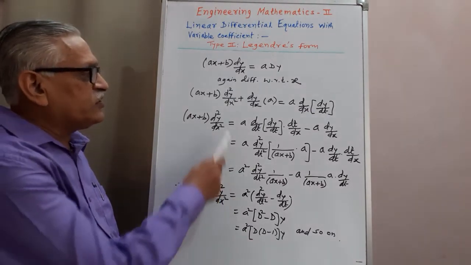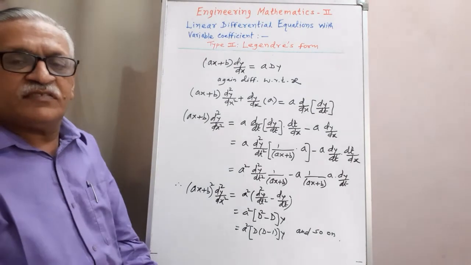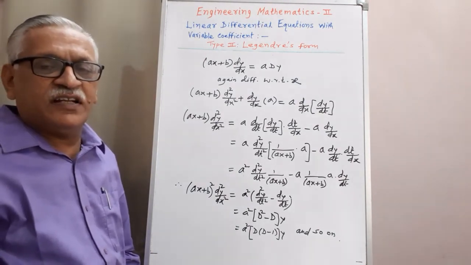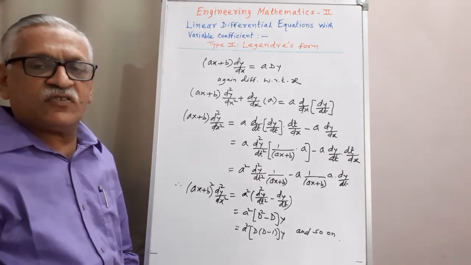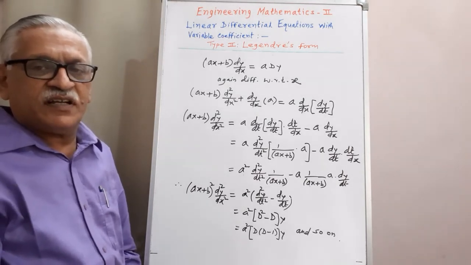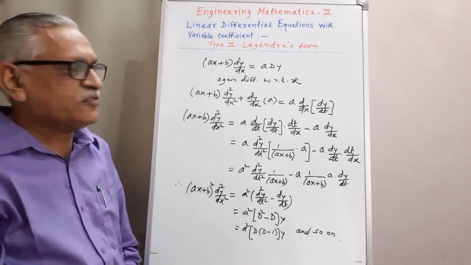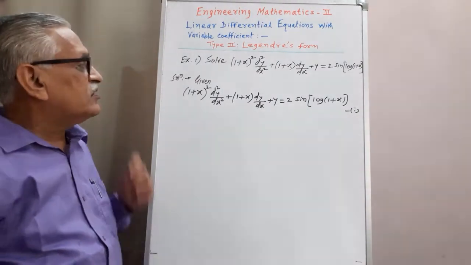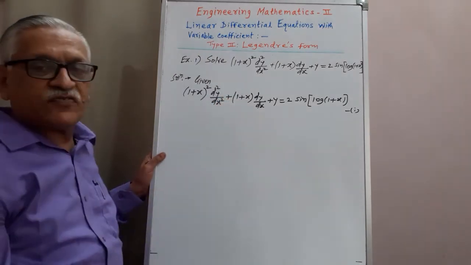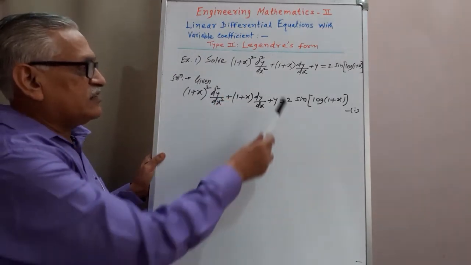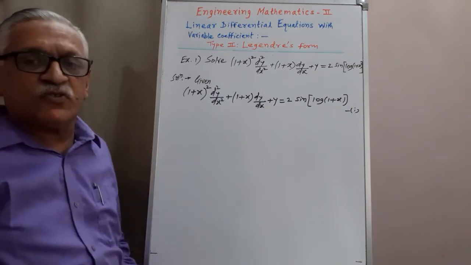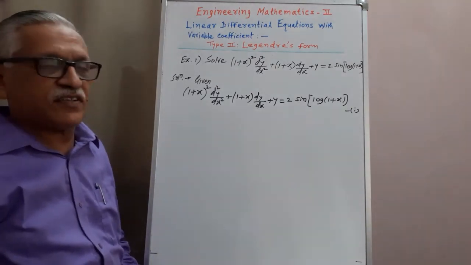And then if we put these values in equation 1, it can be reduced to a linear differential equation with constant coefficients. To see how it works, we try to solve one simple example. Solve (1+x)^2 d2y/dx^2 + (1+x) dy/dx + y = 2 sin(log(1+x)).